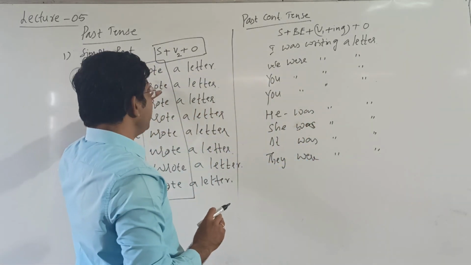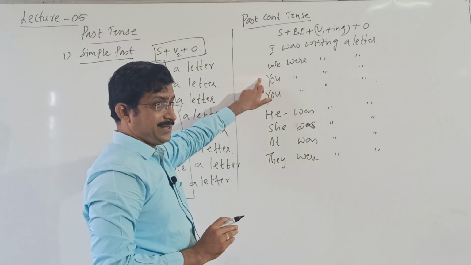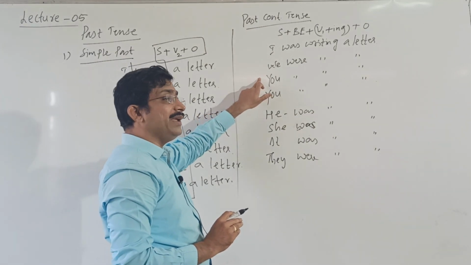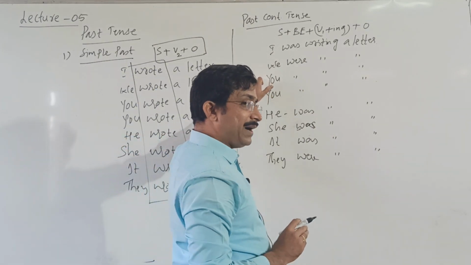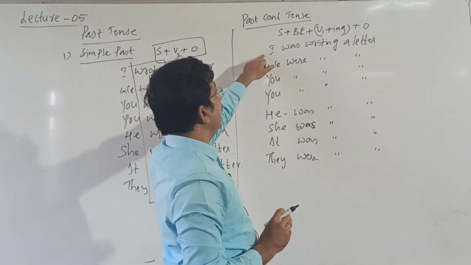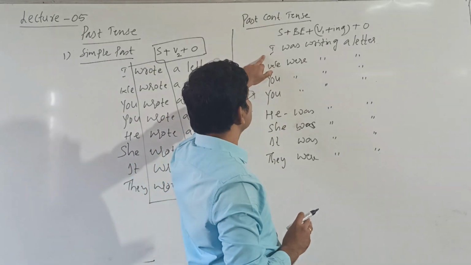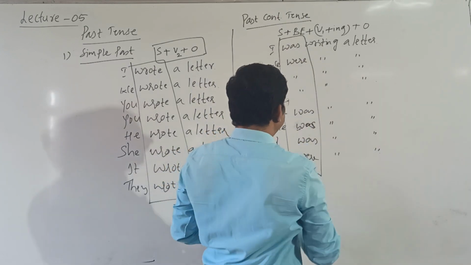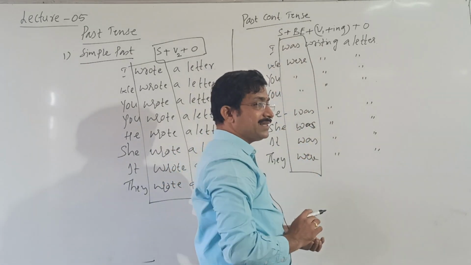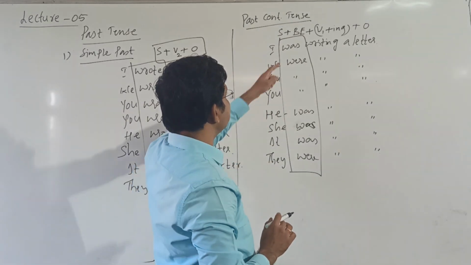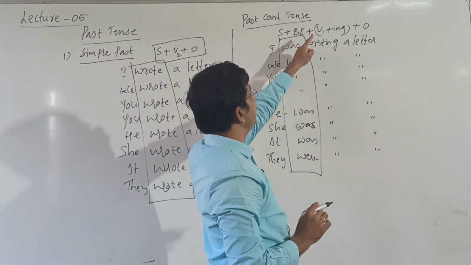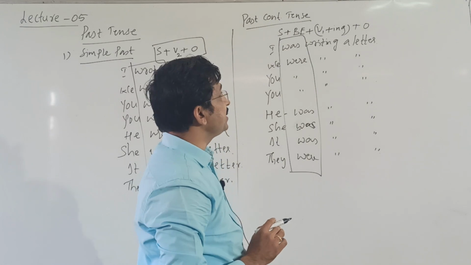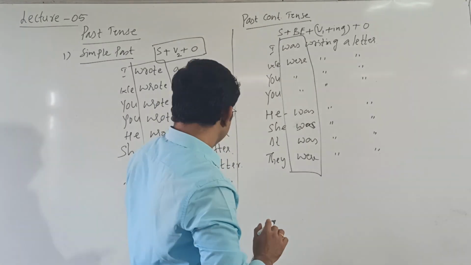Here, simple past and past continuous: the action was going on in the past. I was writing a letter. Here it indicates time, this indicates action. Its standard form is S plus be plus V1 plus ing plus object.